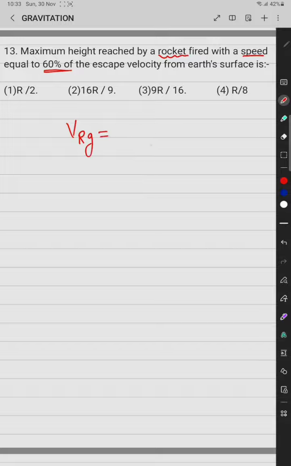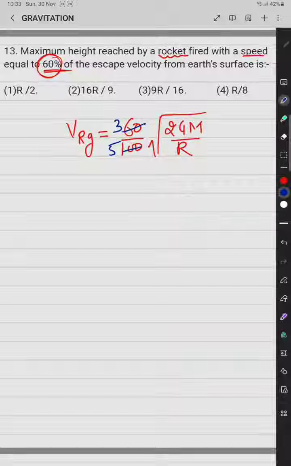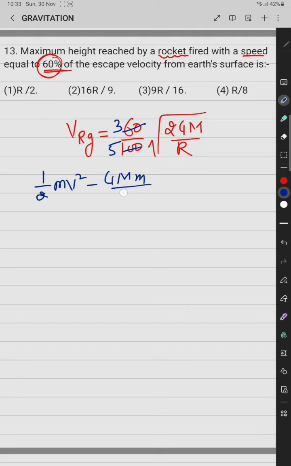We know the escape velocity is root of 2GM by r, but it is 60% of this one, so it is 60 by 100, so we can say it is 3 by 5 times the escape velocity. And we know the energy on the ground is half mv squared, and the potential energy is minus GMm by r, which is equal to minus GMm by (r plus h).